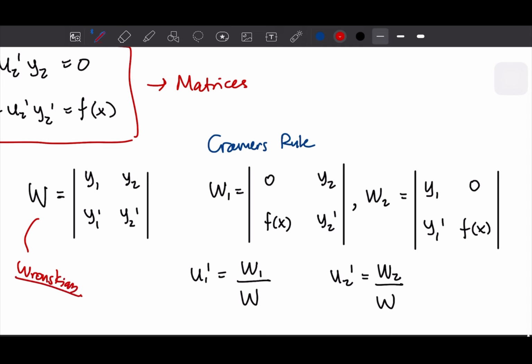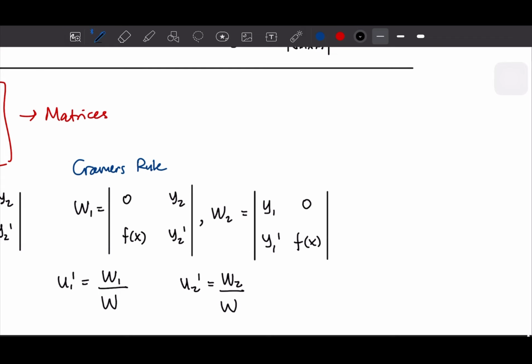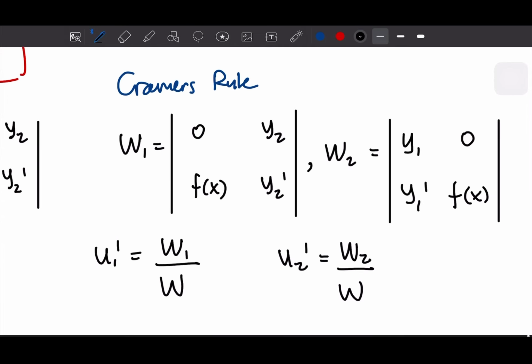Okay, we have I think learned about that before. So we still need to find u1, which is the integral of u1 prime, and u2, right?